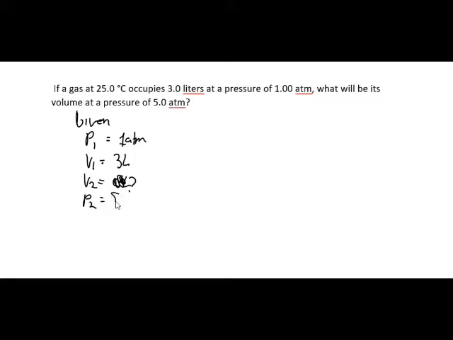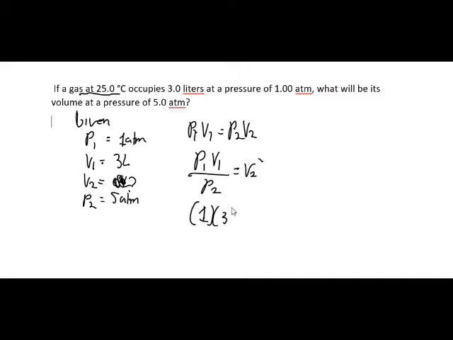Let's set up the equation. We know that the temperature is constant, so we're going to use Boyle's law. P1V1 equals P2V2, so we transpose this. We just want V2 alone, and then substitute the values. Liters.